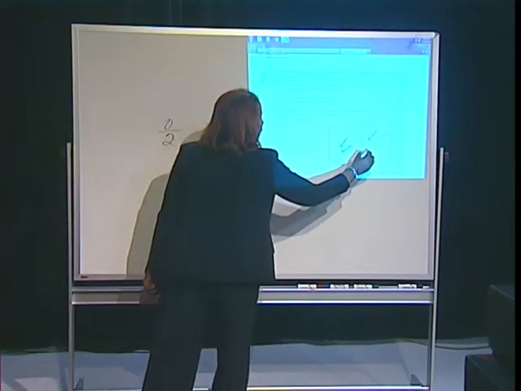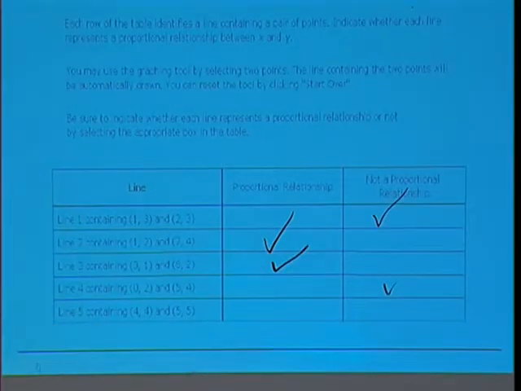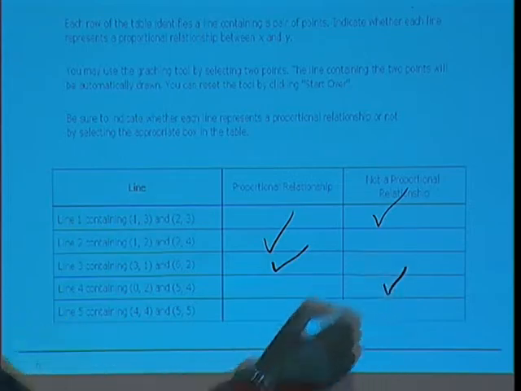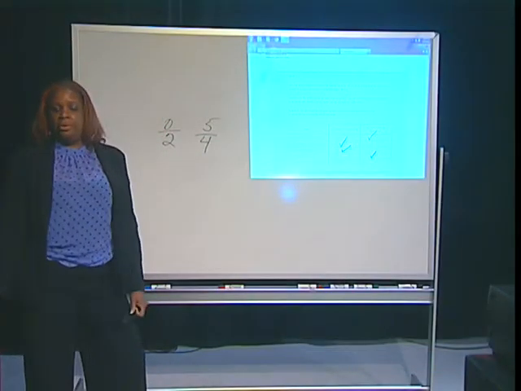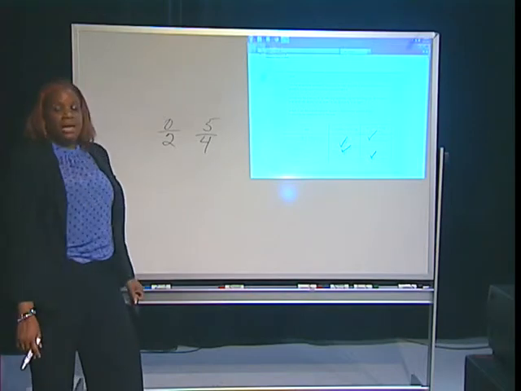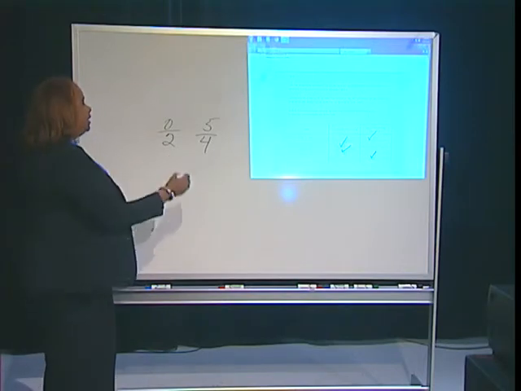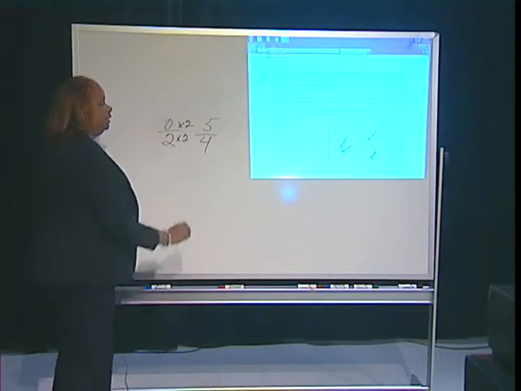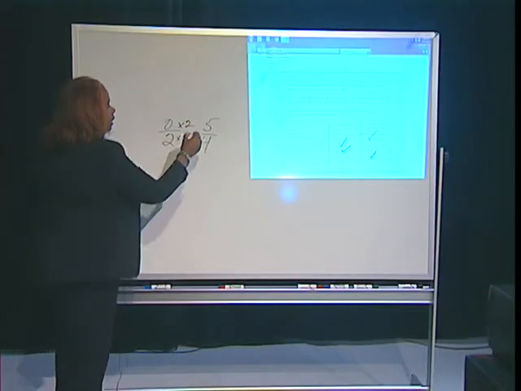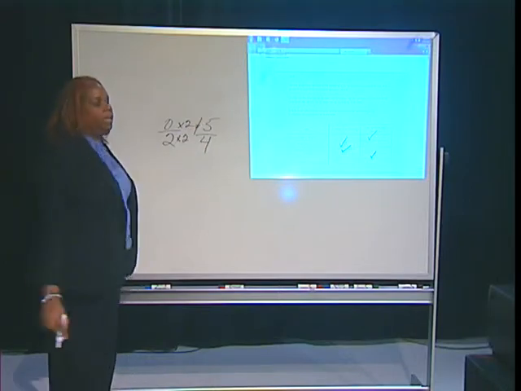I will check that off here. And you will see that if I multiply the numerator and the denominator by 2, it does not show any type of equivalency. So they are not equal or equivalent.